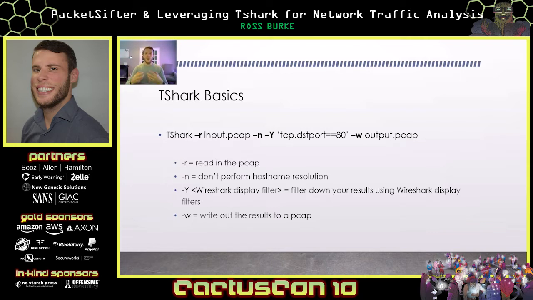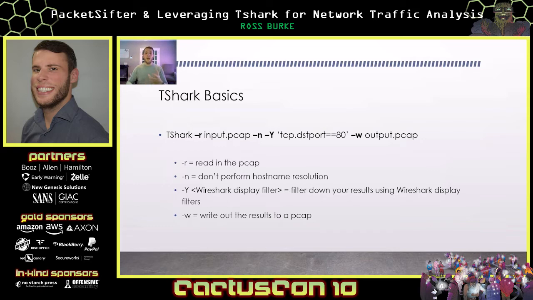One of the benefits of Wireshark is that it has all these dissectors and parsed fields, where you can just call out that you want to look at only tcp.dstport and make sure it equals 80, which is the HTTP port. You can leverage that on the command line with TShark. So I can feed this into my TShark command and filter out only web traffic, or potentially web traffic. And then the last part, -w output.pcap.